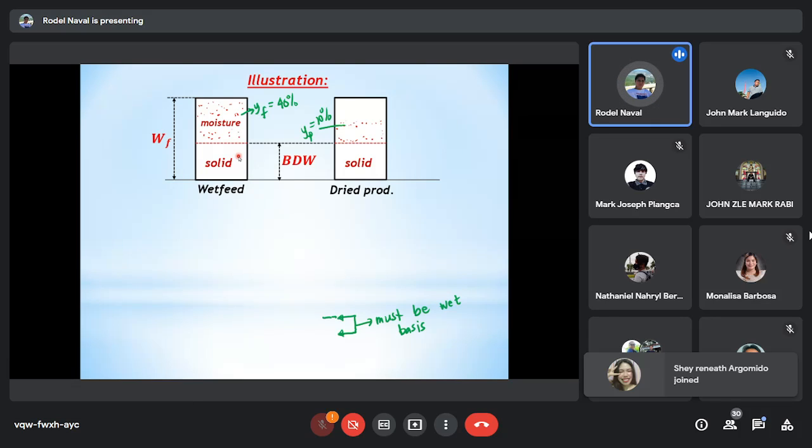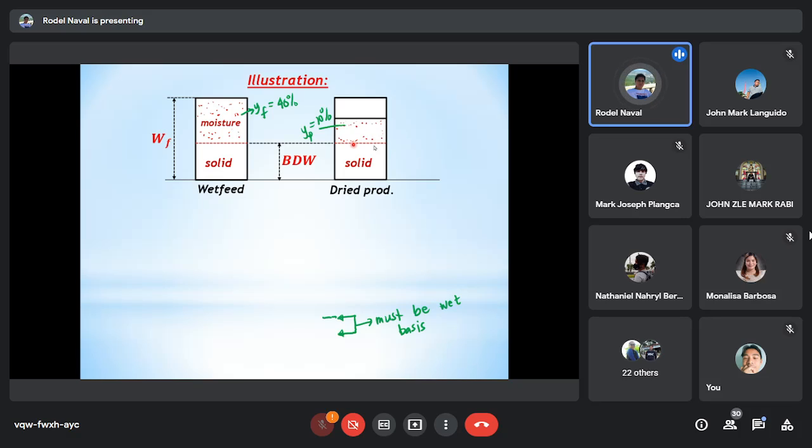To get this one, your solid is WF times quantity 1 minus YF. Okay, 1 minus YF, here YF is 40%, so 1 minus 0.4. So 60% solid. Now, solid of what? Weight of the wet feed.